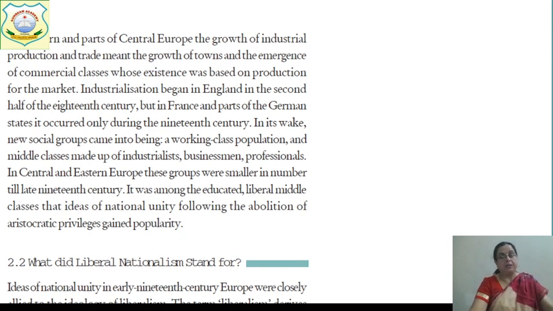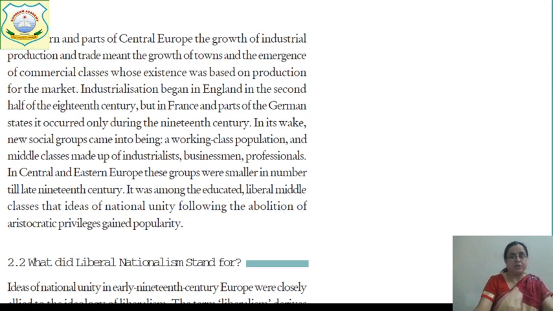Industrialization began in England in the second half of the 18th century, but in France and parts of the German states, it occurred only during the 19th century, children. Because of this industrialization, a new social group came into existence: a working class population and middle classes, made up of industrialists, businessmen, professionals, doctors, lawyers, etc.